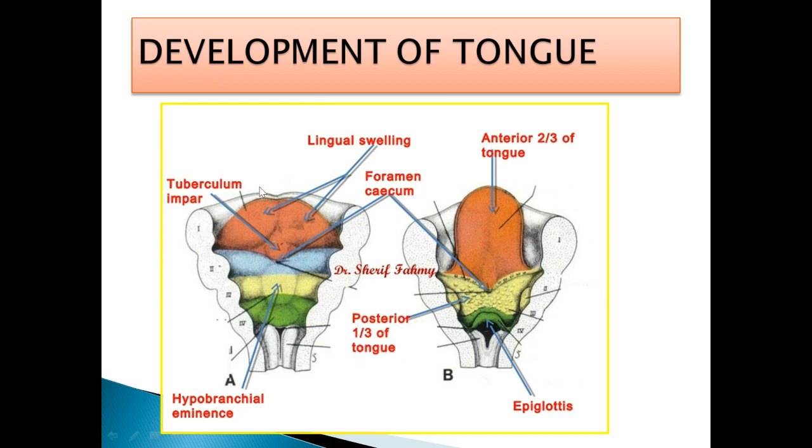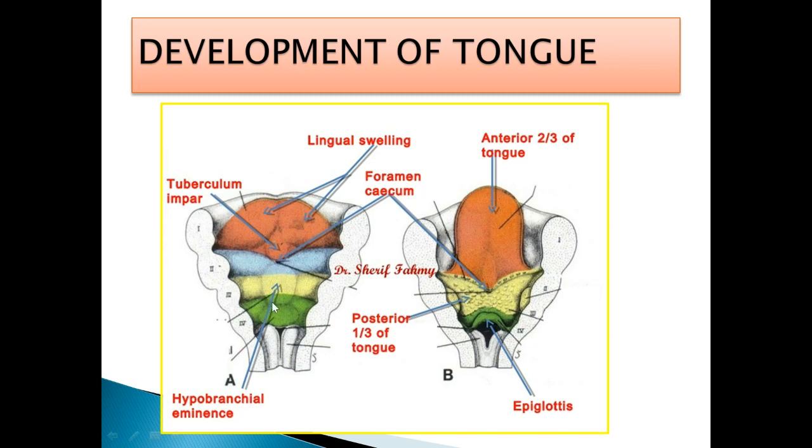So this orange color represents the development of the anterior two-thirds of the tongue, formed by the lingual swellings and the tuberculum impar. Another swelling appears at the ventral ends of the second, third, and fourth arches.